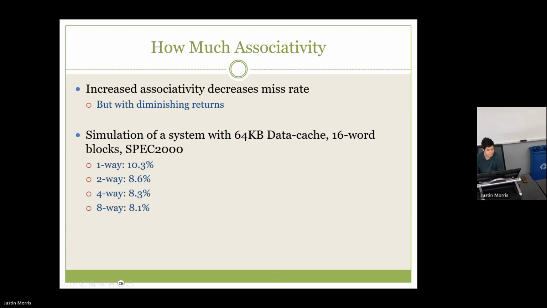And then as we increase our set associativity, we have to check more things to tell us if we have a hit or not, right? Because direct mapped, I have basically one place to check. But two-way, now I have 2 places to check. Four-way, 4 places to check. So it grows and makes our hardware more complex.